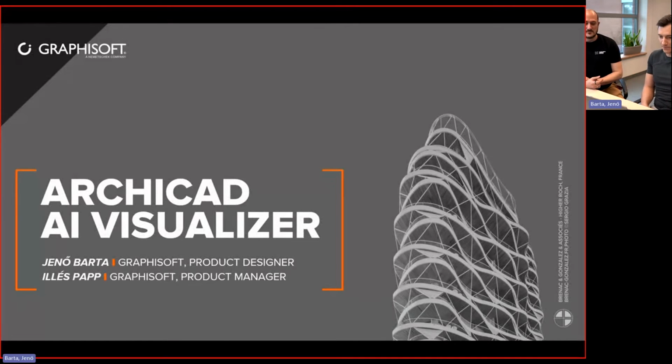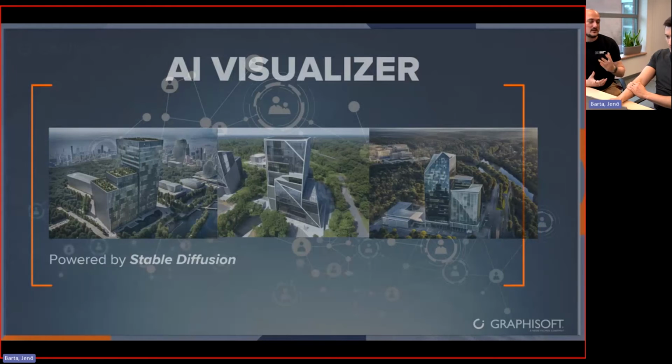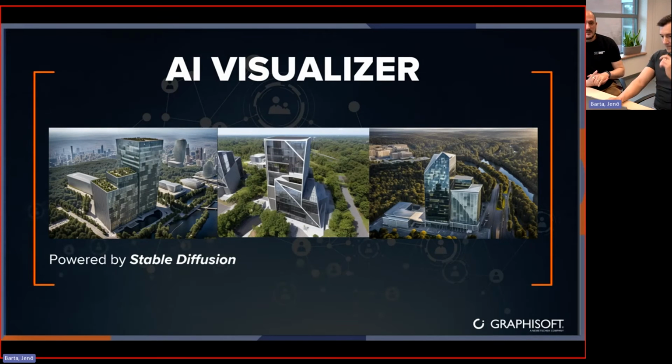Yeah. So let me just quickly jumpstart and cover what the Archicad AI Visualizer is and what it is not. AI Visualizer is a Stable Diffusion powered visualizer, and we intentionally are not saying it's a renderer, because it is not a renderer.